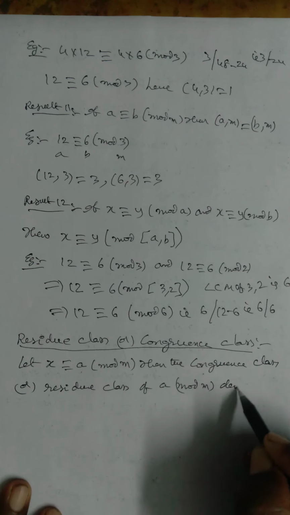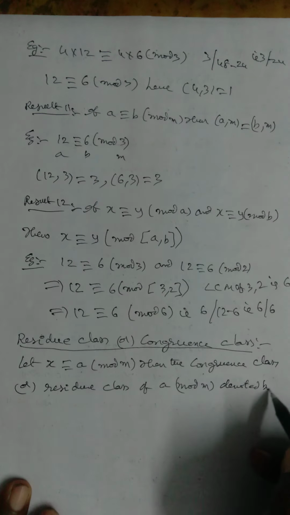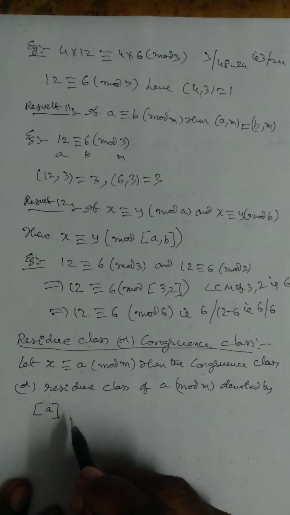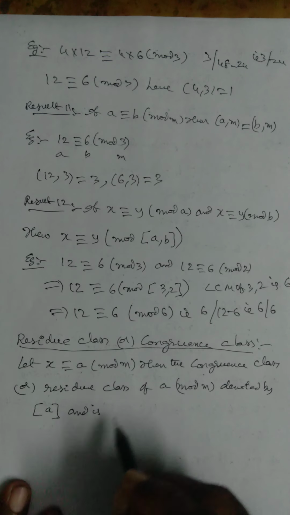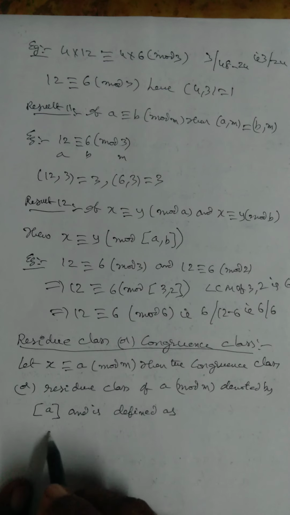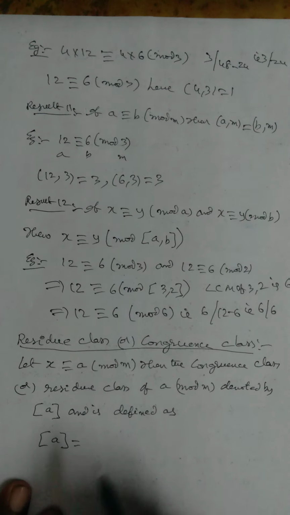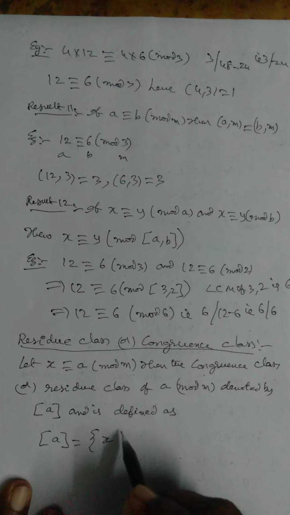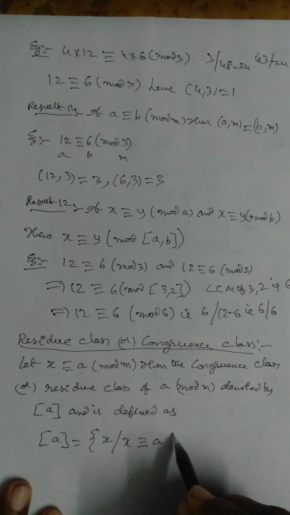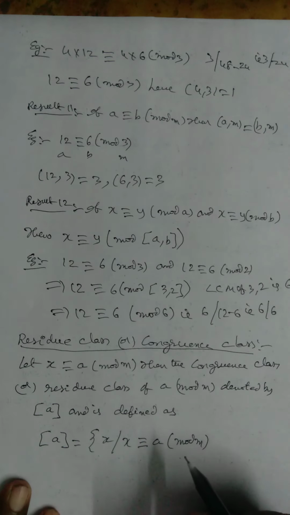is denoted by bracket a and is defined as bracket a is equal to the set of x such that x is congruent to a mod m.